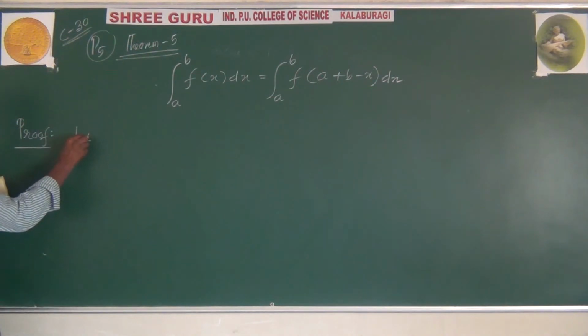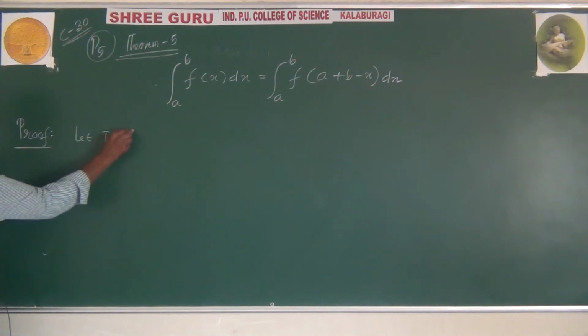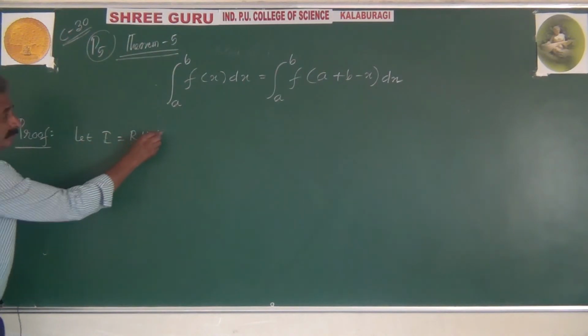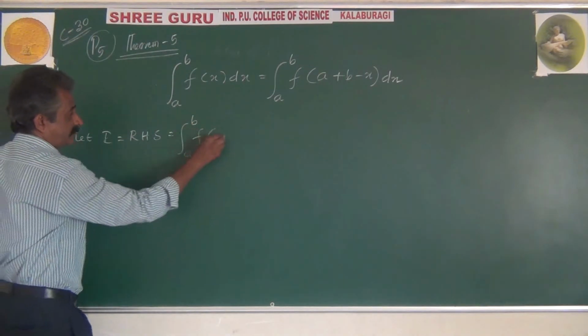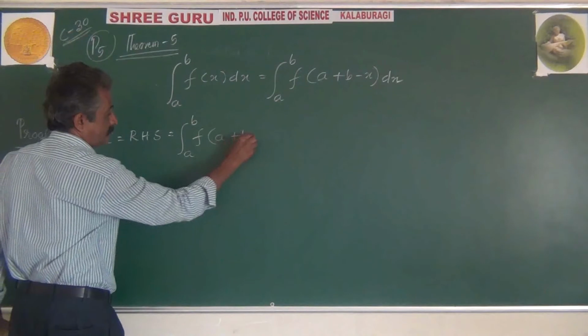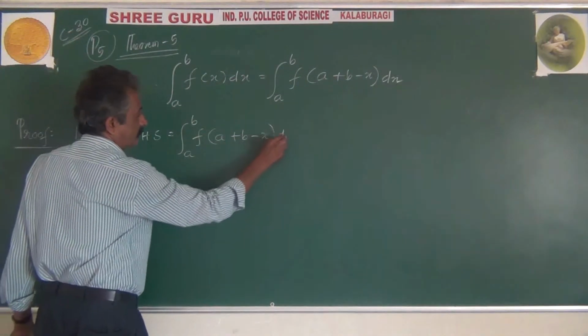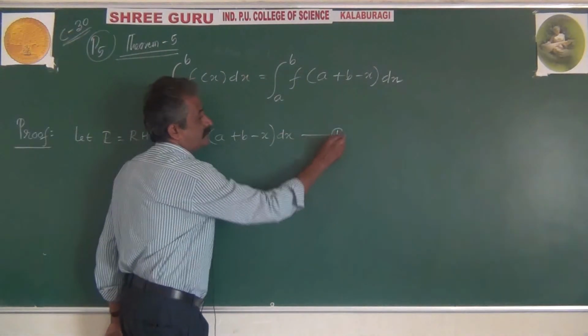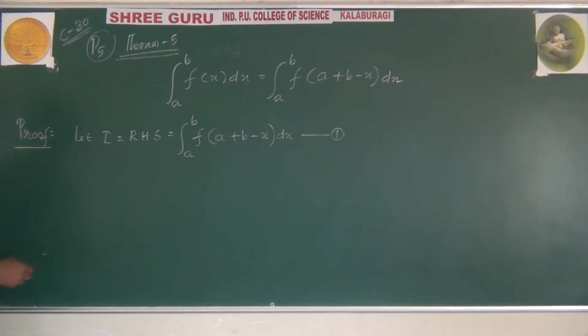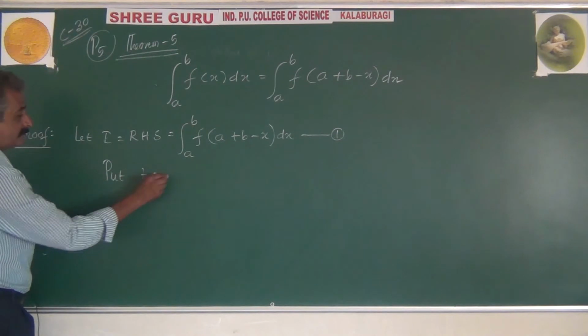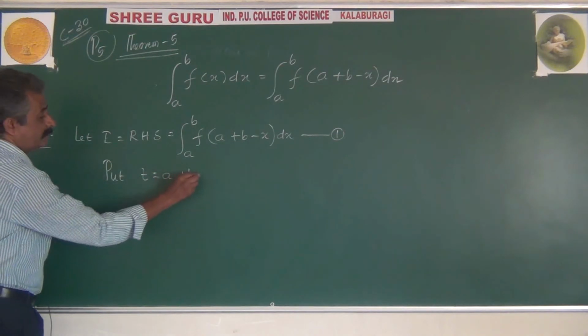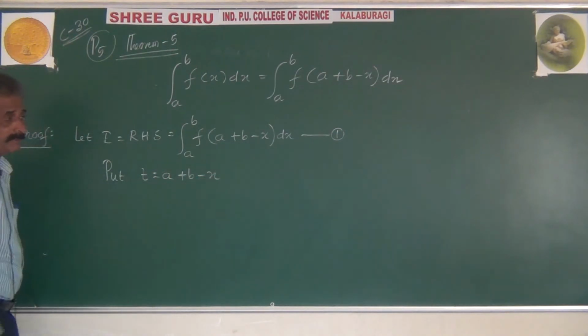So let I equal to the right hand side integral, integration a to b f of a plus b minus x, say 1. And we shall take a substitution. We shall put t equal to a plus b minus x, called 2.